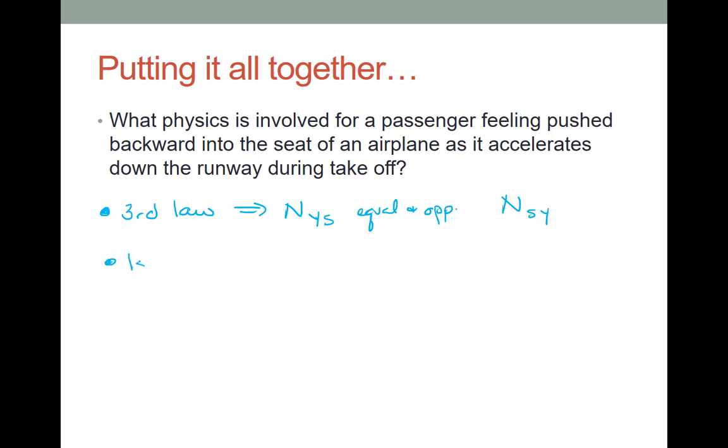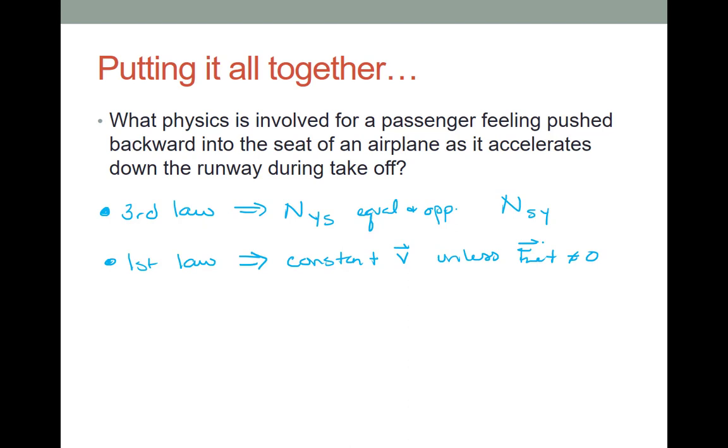First law. First law says that you're going to have a constant velocity unless your net force doesn't equal 0.